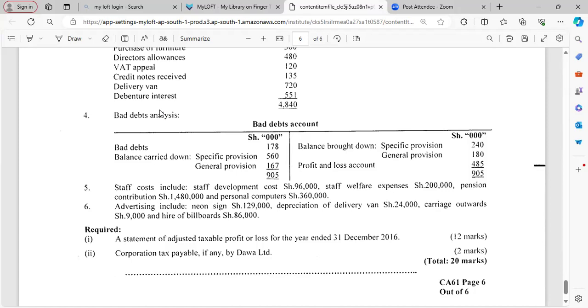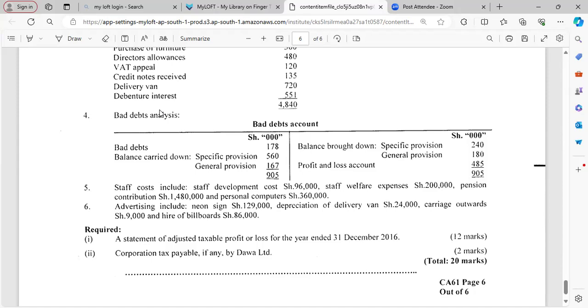Note 5, staff costs include staff development cost shillings 96,000, staff welfare expenses shillings 200,000, pension contribution shillings 1,480,000, and personal computer Kenya shillings 360,000.